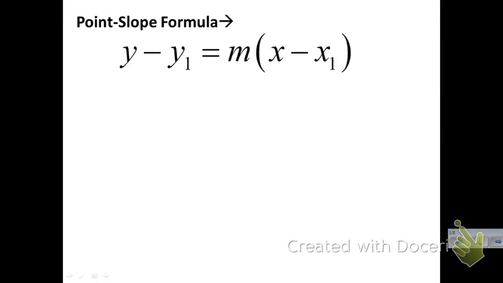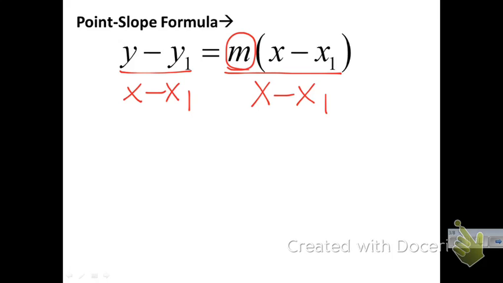Point slope formula is y minus y1 equals m times x minus x1. And then we talked about this formula a little bit. We said if we wanted to isolate m, we would do this by dividing by x minus x1. And then if we said, hey, if that's a 2, do you guys recognize that formula? That would be our slope formula.